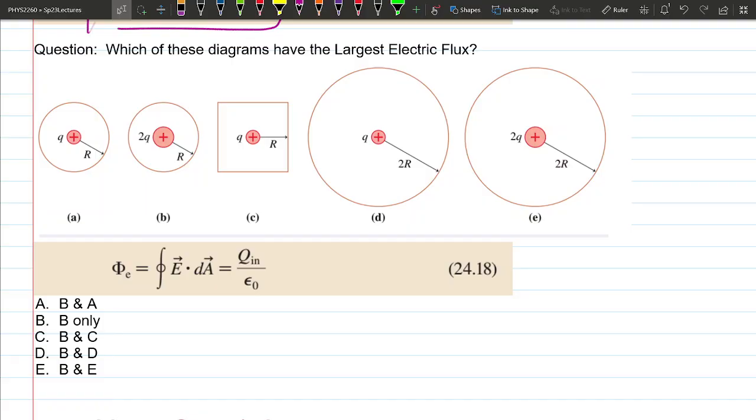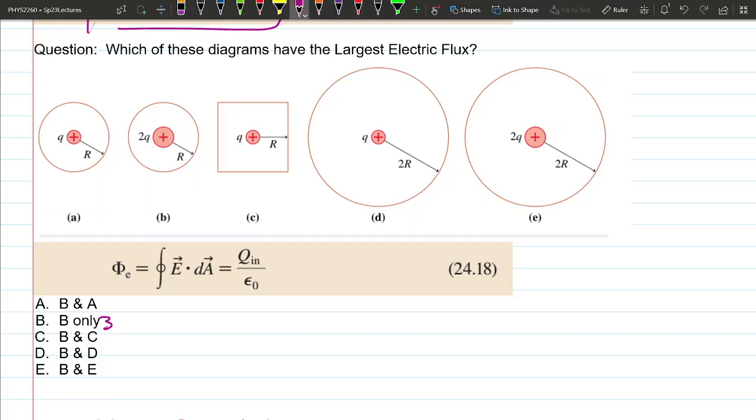Anyone think it's A and B, meaning this one and this one has the biggest electric flux? How many of you think it's B, because it has a smaller circle? A little contest here. How many think it's B and C, the 2 charge version and the rectangular one?